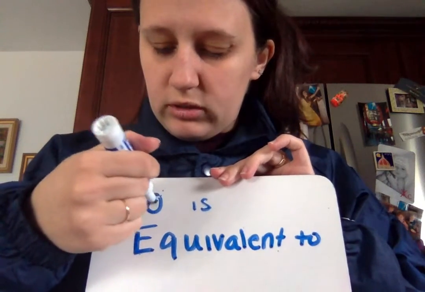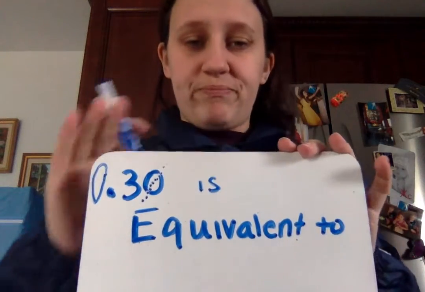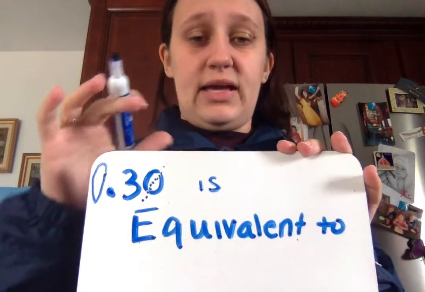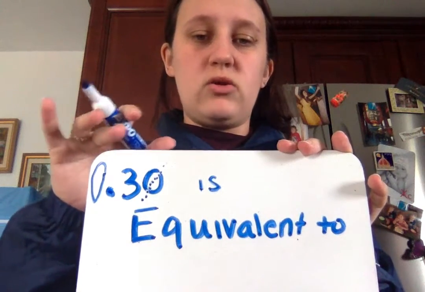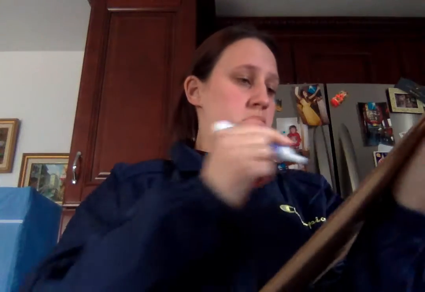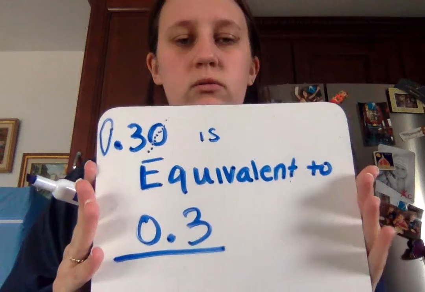And I'll just do a little dotted line. I have that little dotted line right there, so I'm going to pretend cross out that 0. What does that become? 0.3. We just converted it and made them equal.